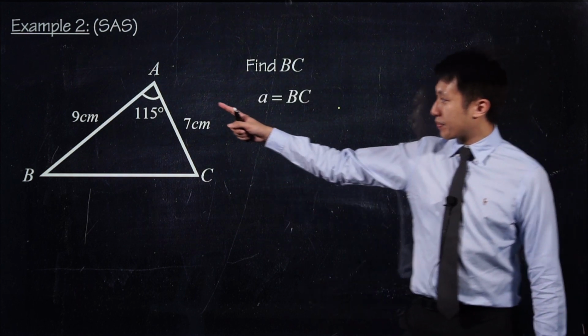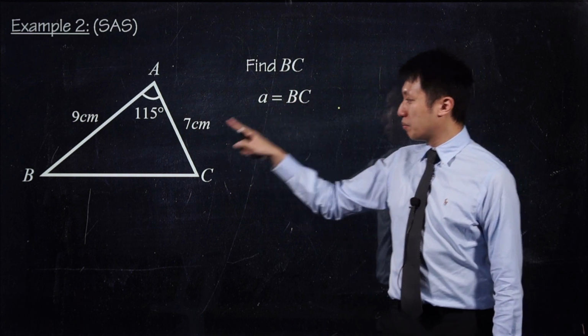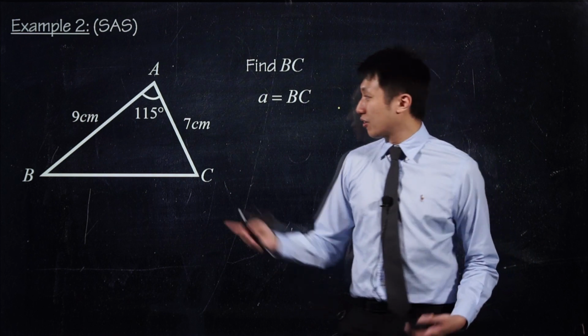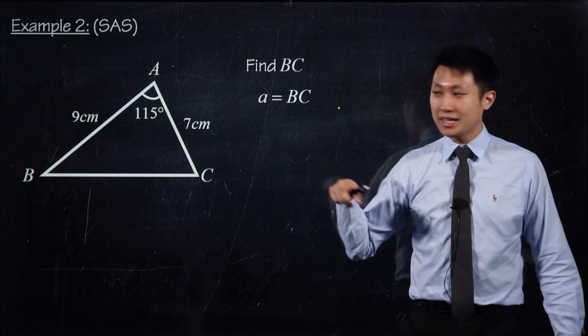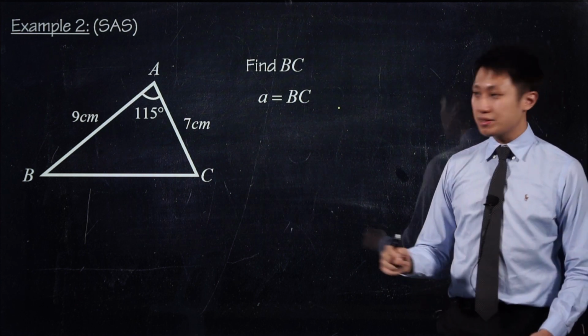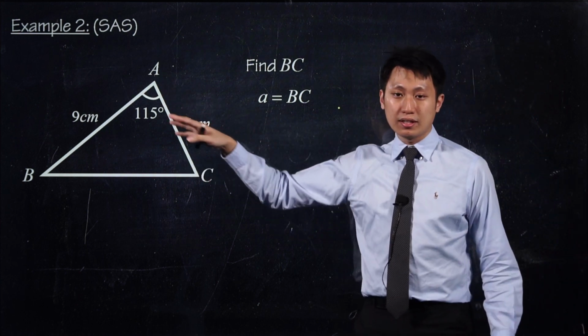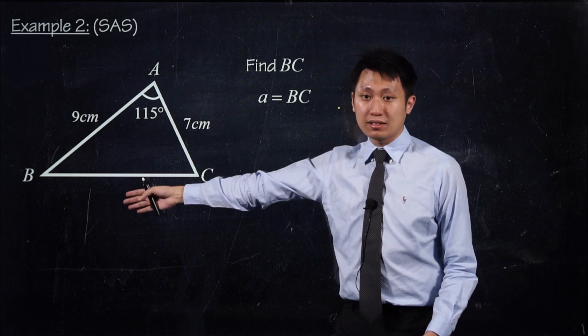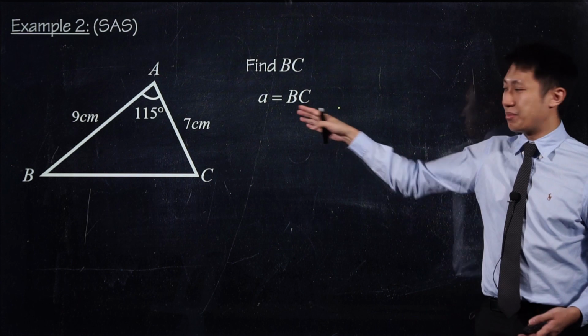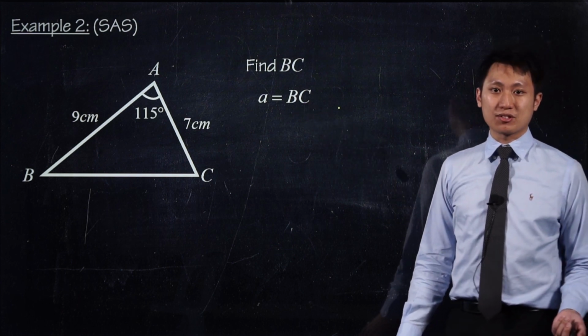Okay, so now you want to find BC. BC is over here. What do you normally call BC? You call it A, lowercase a. So I just write A for the short form. Sometimes if you have a lot of triangles, then you can't say that this is A, so you have to write BC squared is equal to something squared, something squared.